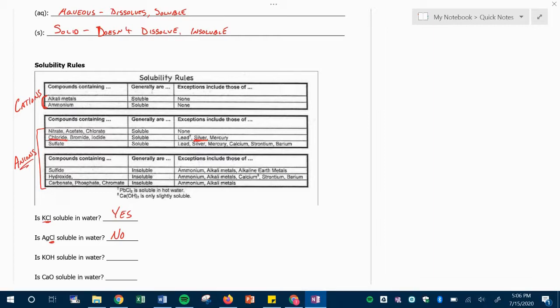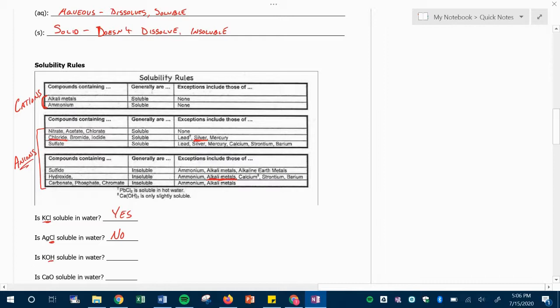How about KOH, soluble in water? We look at our hydroxides. Compounds containing hydroxide are generally insoluble. Exceptions include ammonium, alkali metals, calcium, strontium, barium. But wait, is potassium one of our alkali metals? It is.